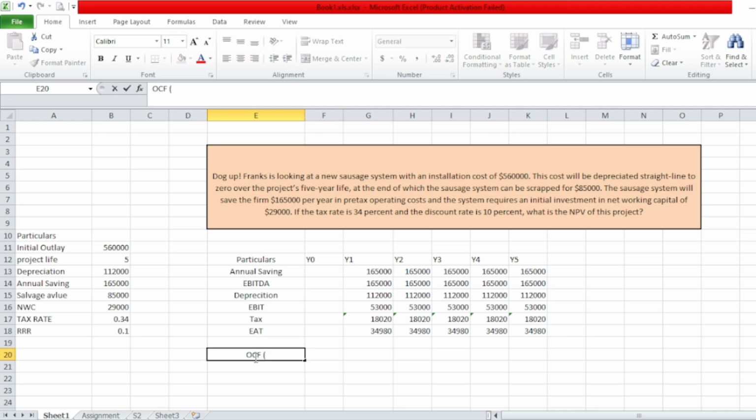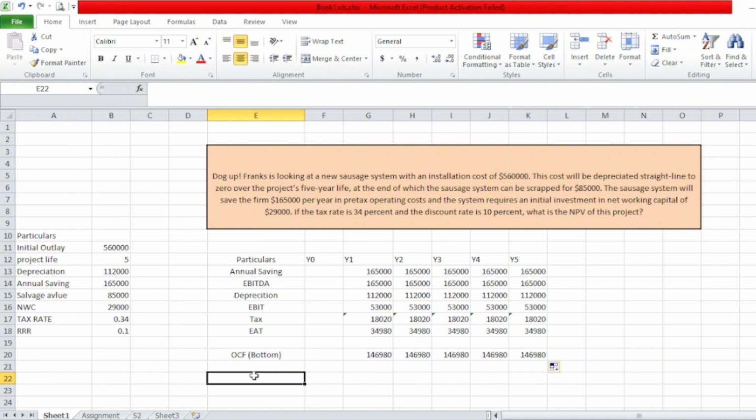For OCF, I'm going to use the bottom-up approach. The other two options are the top-down approach and the tax shield approach. The bottom-up approach formula is the earning after tax plus depreciation. So here is our OCF.